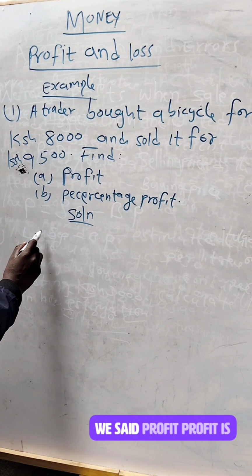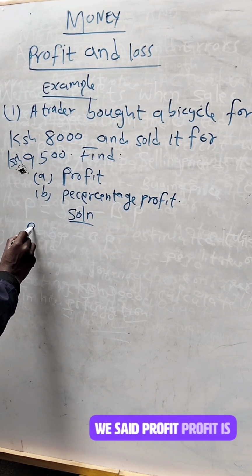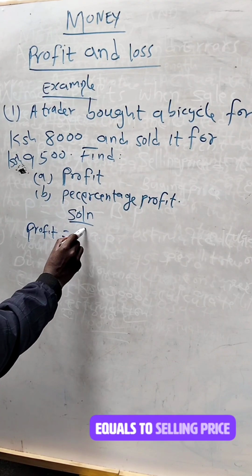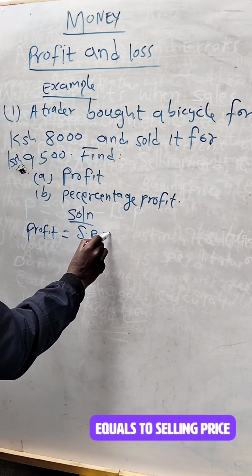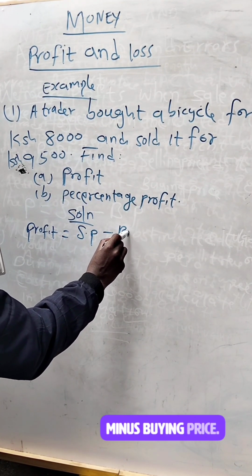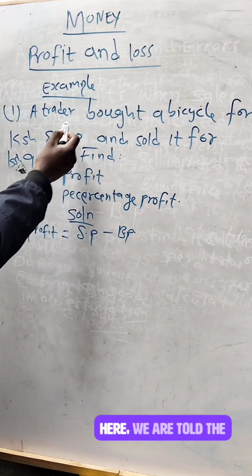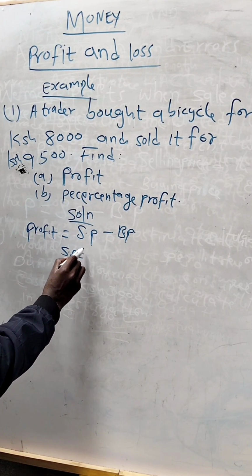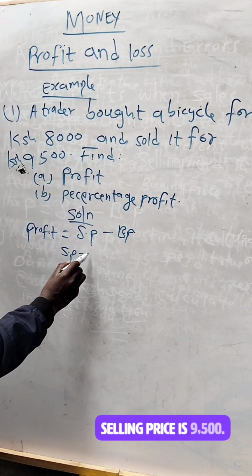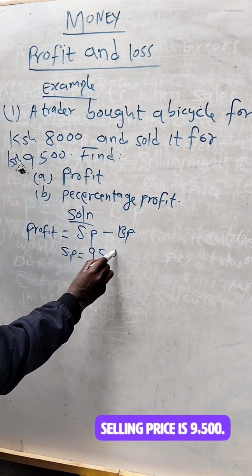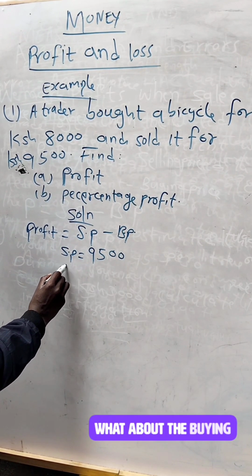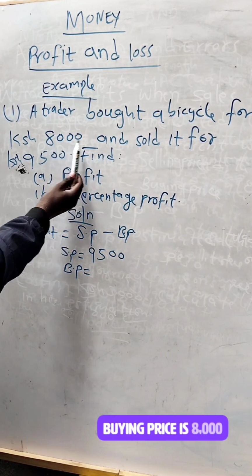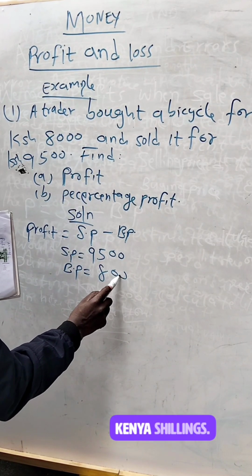We said profit is equal to selling price minus buying price. Here we are told the selling price is 9,500. What about the buying price? We are told that the buying price is 8,000 Kenya shillings.